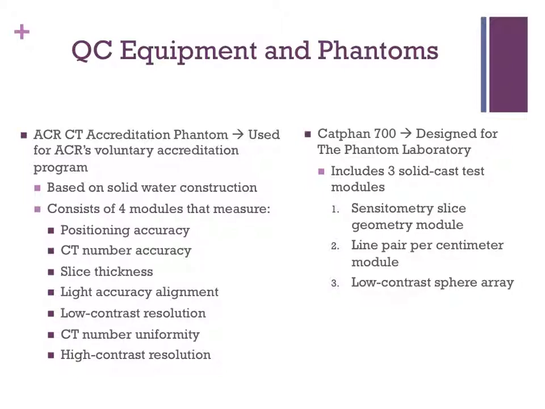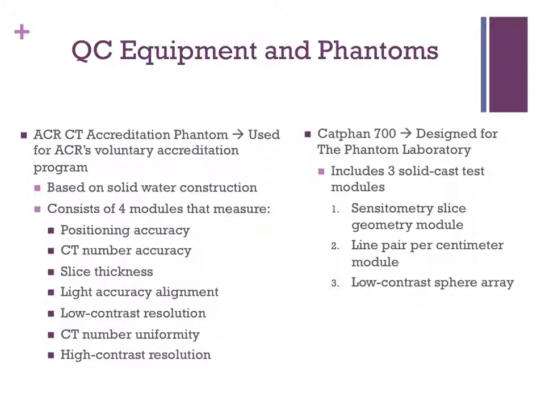This phantom is based on solid water construction to ensure stability and reproducibility of QC tests conducted over time. It consists of 4 modules that measure positioning accuracy, CT number accuracy, slice thickness, light accuracy alignment, low contrast resolution, CT number uniformity, and high contrast resolution.